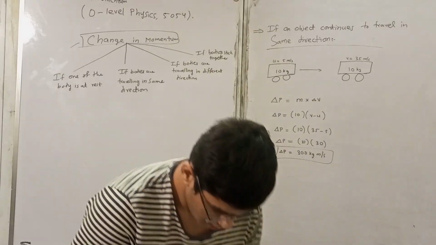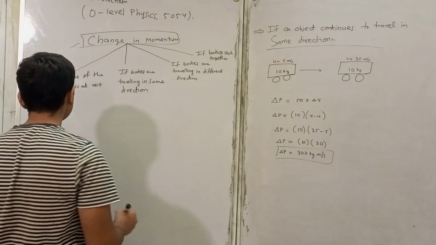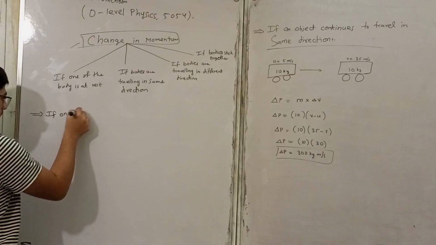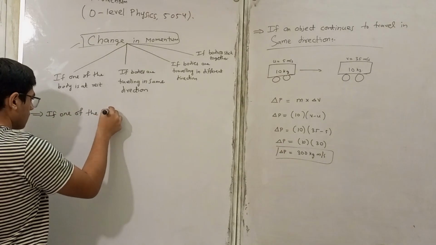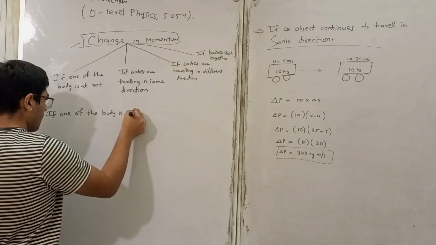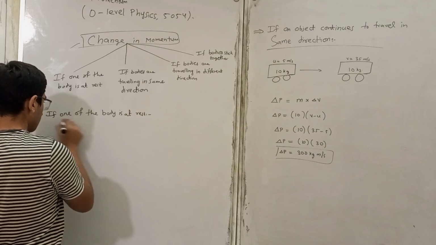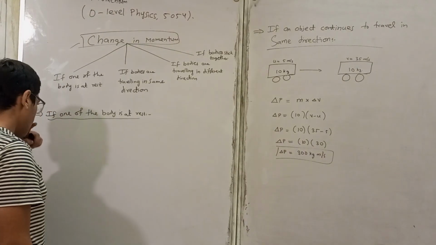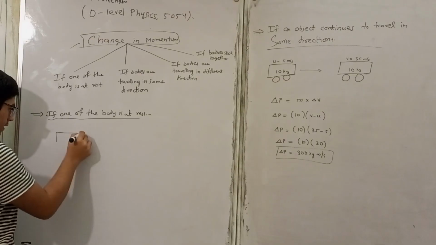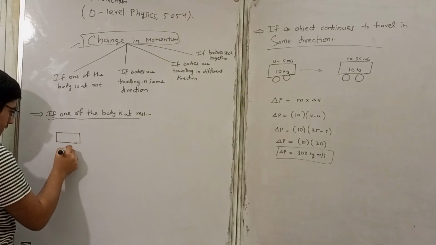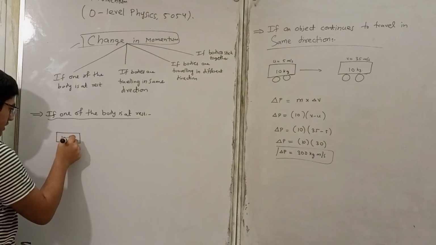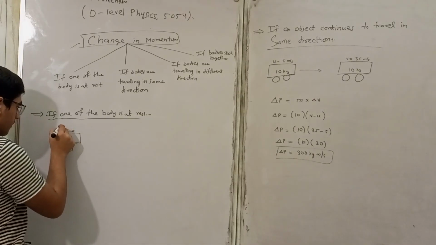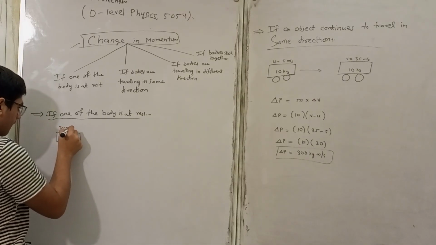So scenario number one, if one of the body is at rest, let's say this is car A, it has a mass of 10 kg and it is traveling with a speed of 20 meter per second.